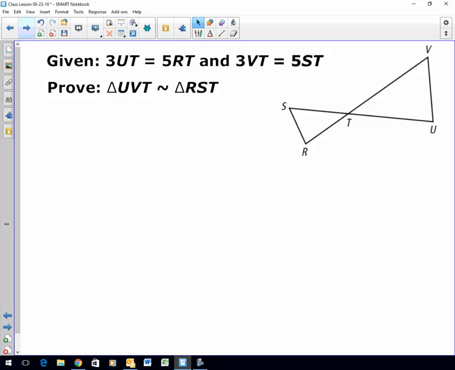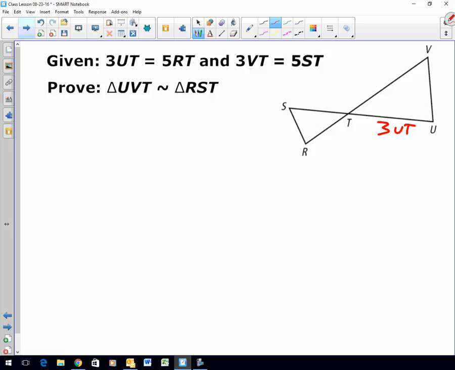Check it out. These are the types of things that we want to be able to do. I'm going to give you a glimpse. I told you I'd show you a proof. I promise. Given that 3 times UT equals 5 times RT, and 3 times BT equals 5 times ST, prove that triangle UBT is similar to triangle RST.